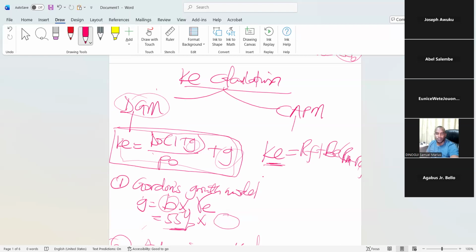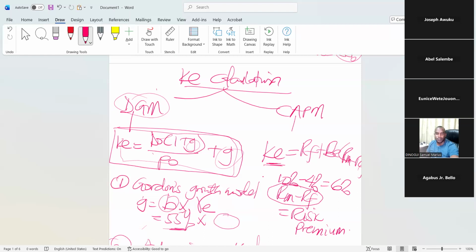Okay, so now the return on the market minus the risk-free is what we also call the risk premium. So sometimes, instead of him giving you the return on the market to be, let's say, 10%, then giving you the risk-free to be, let's say, 4%, for you to get 6%, he can deliberately tell you that the return on the market minus risk-free, which is called the risk premium, is automatically 6.